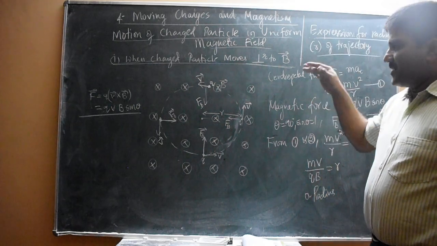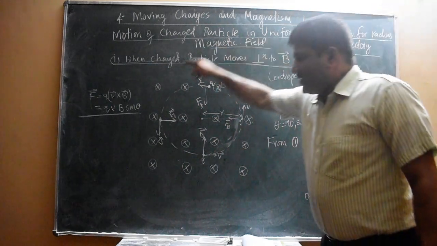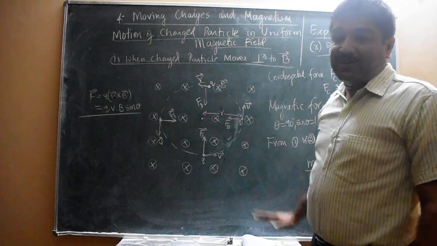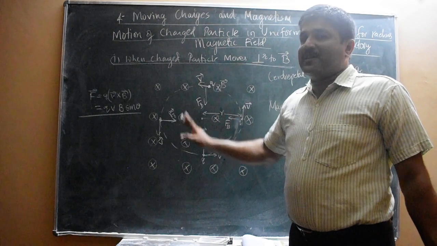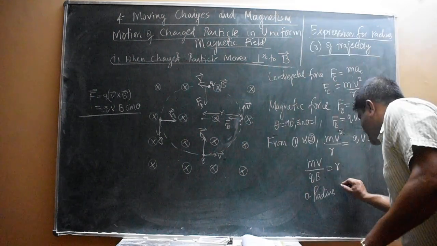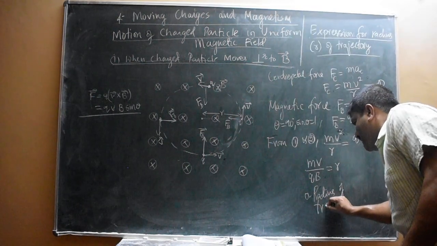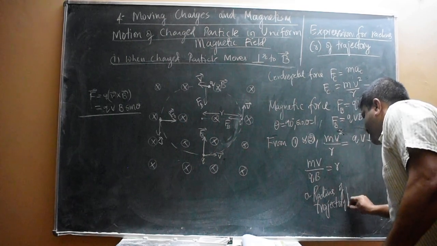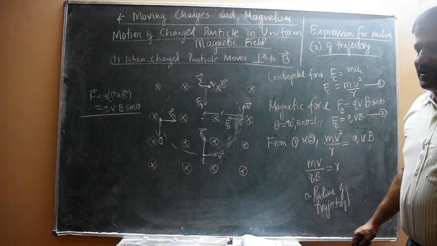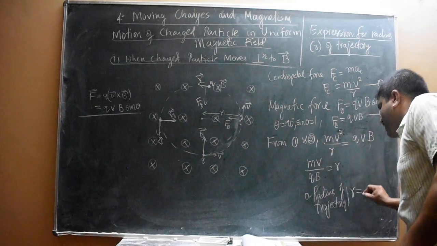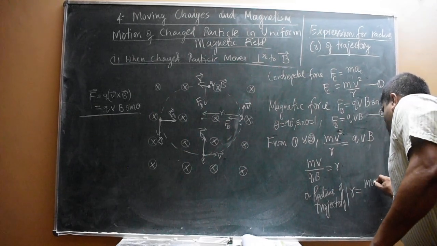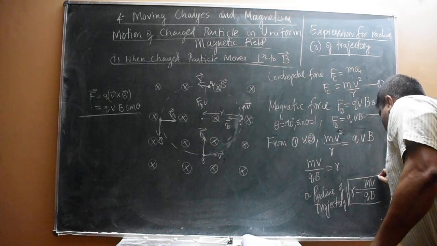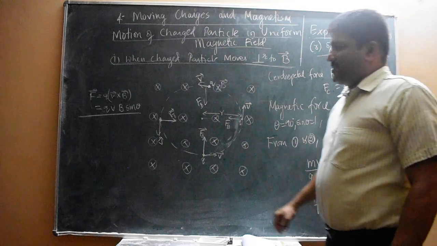We are not telling the size of the charged particle. It is the trajectory, the path traced by the charged particle, which is circular here, and the radius of such circle is the radius of the trajectory, not the radius of a charged particle. Just be careful while writing the answer. So radius r equal to mv by qB. So this is about the radius.